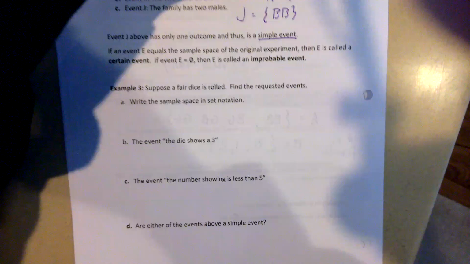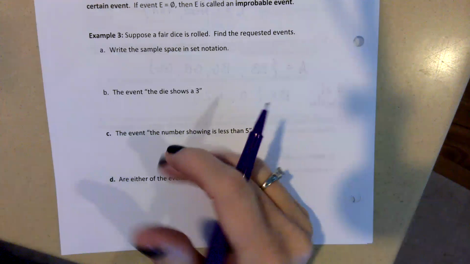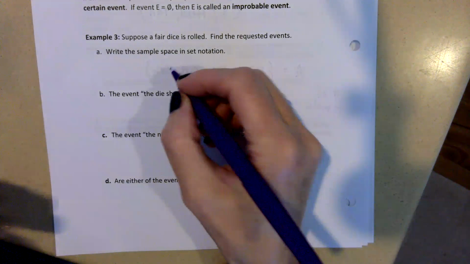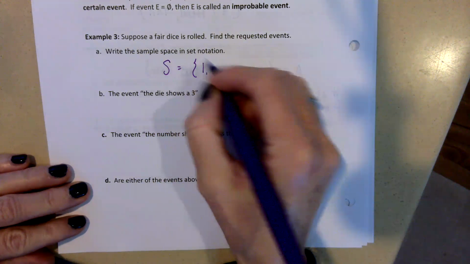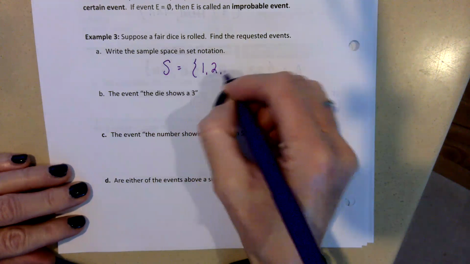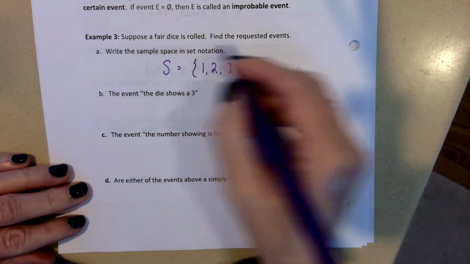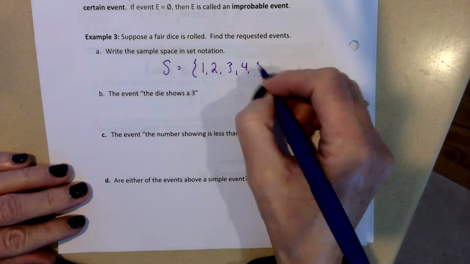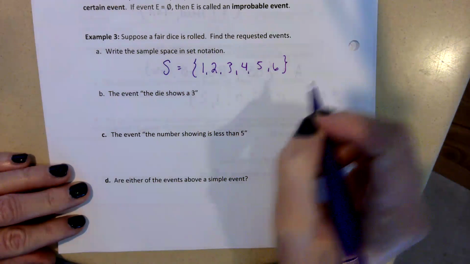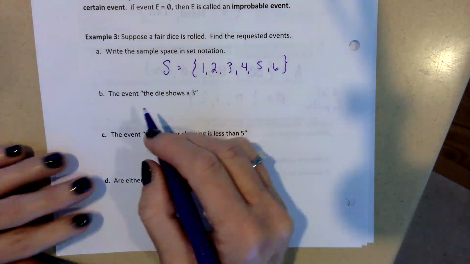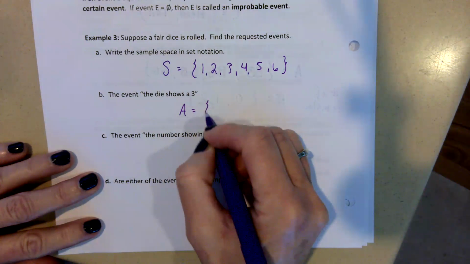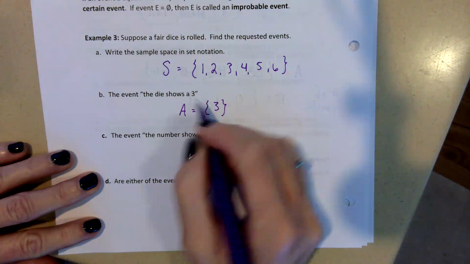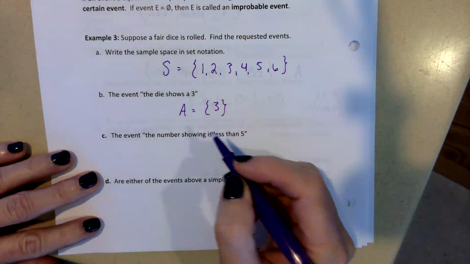Suppose a fair die is rolled. Find the requested events. Write the sample space in set notation. If we roll a fair 6-sided die, I did not state that it was 6-sided, but that's usually what we use. There are 6 sides. What about the event that the die shows a 3? Notice I'm just naming my events whatever letter I would like.